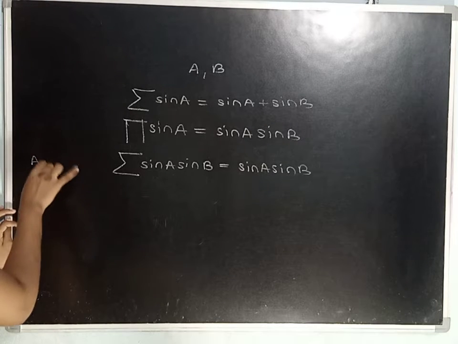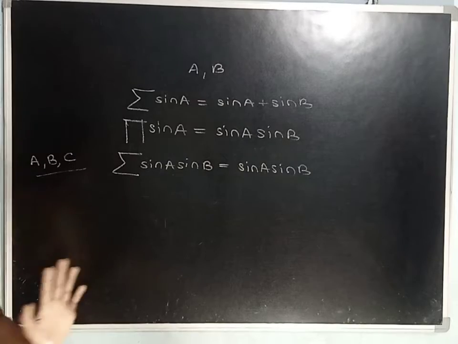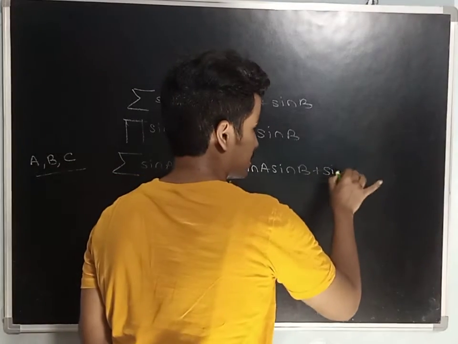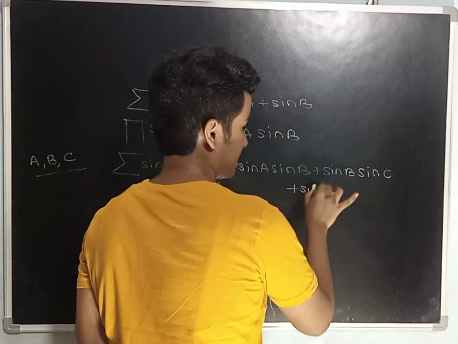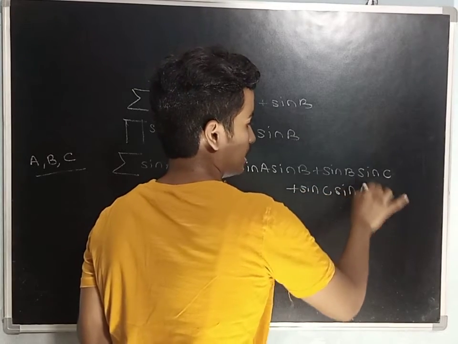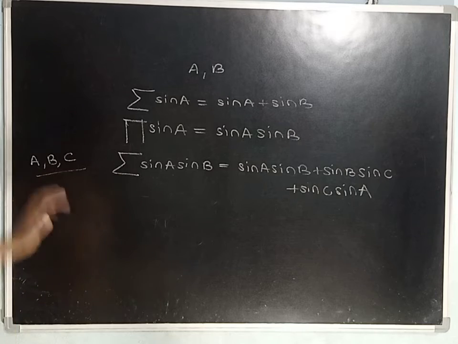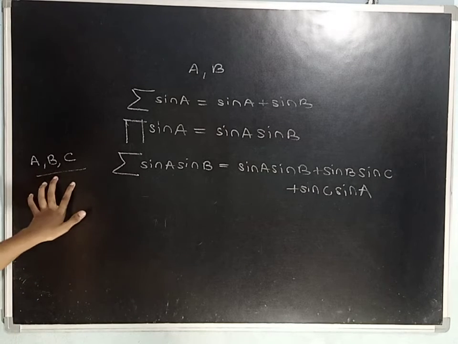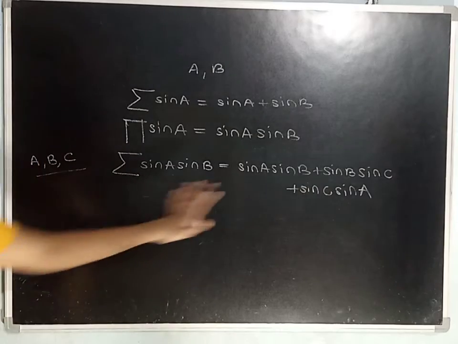Suppose we have three angles A, B and C. In this case, the same expression can be written as sin A sin B plus sin B sin C plus sin C sin A. If three angles are mentioned, we can use this notation.